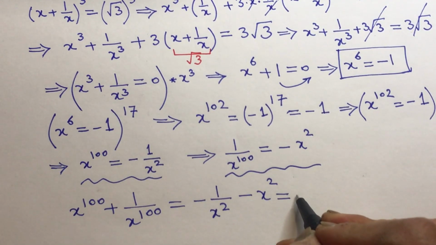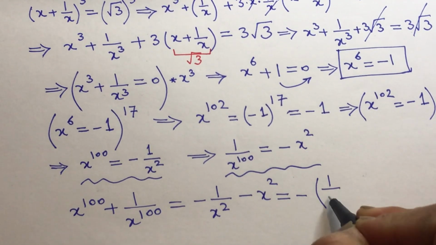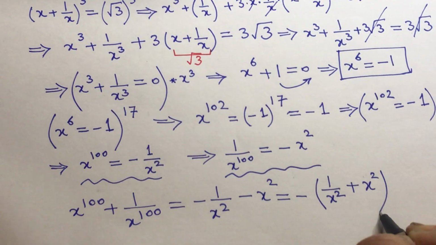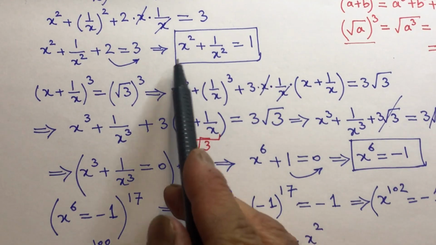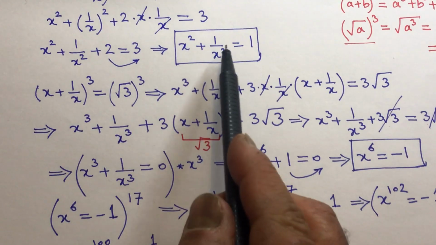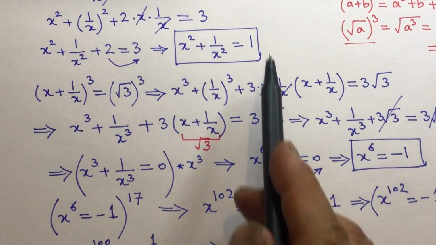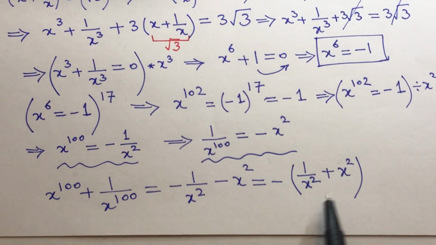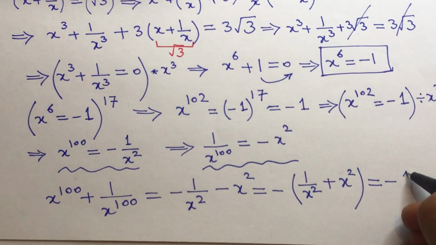By factoring out just this minus, you have 1 over x squared plus x squared. But you can remember, we have this expression here, where the summation of these two terms is just 1. So you can replace 1 here. So it will be minus 1.